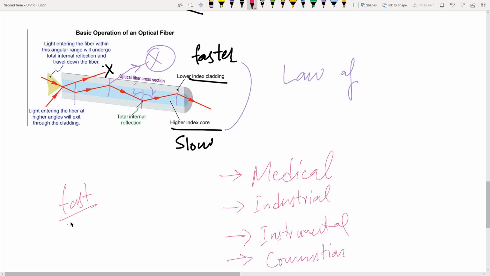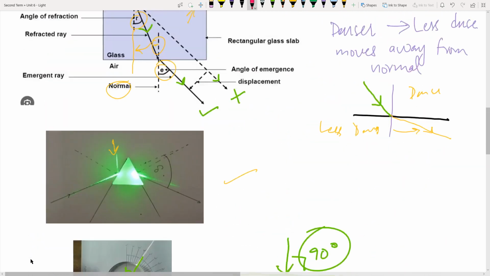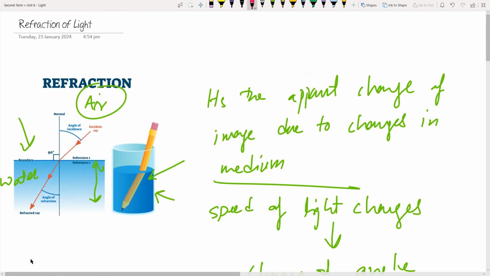Because light is the fastest traveling object in the universe. We have conductor wires, telephonic wires, which deliver internet to us, but they're slower compared to the optic fiber. The reason being that electrons travel slower than photons, which are the packets of light. We call the particles of light photons.